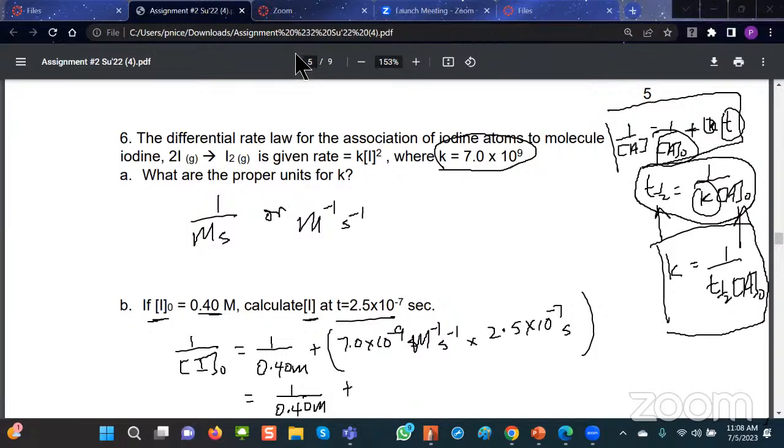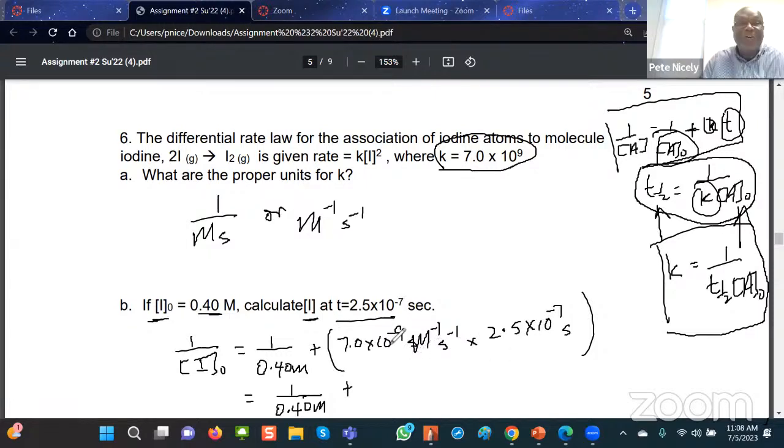When you were typing it in, you said 2.5 times 10 to the minus 9. It would be 7.0 times 10 to the minus 9. Oh, okay. So the minus 7 is correct. It's the minus 9 that's not correct. That should be 9. All right, so maybe that's where I made my error. Thank you for pointing that out.